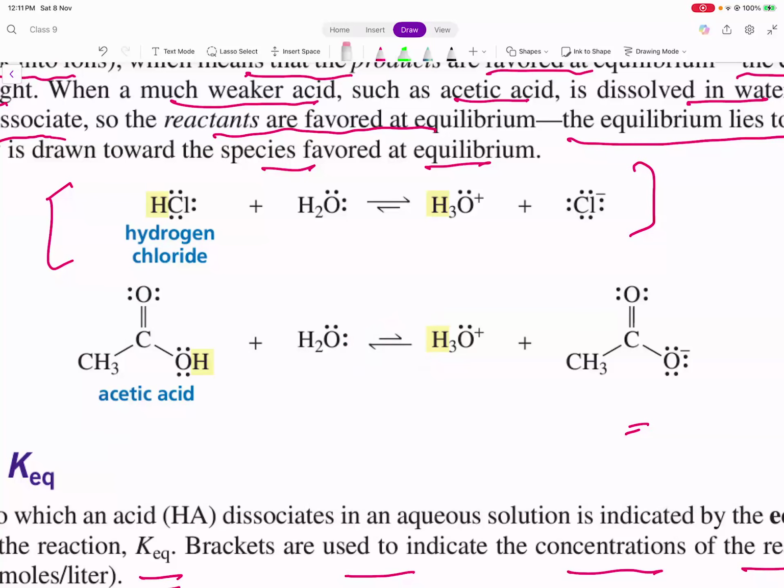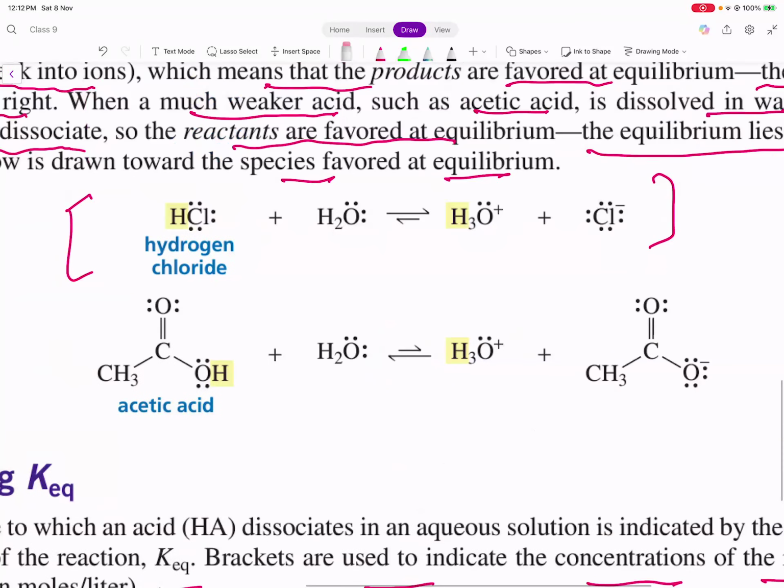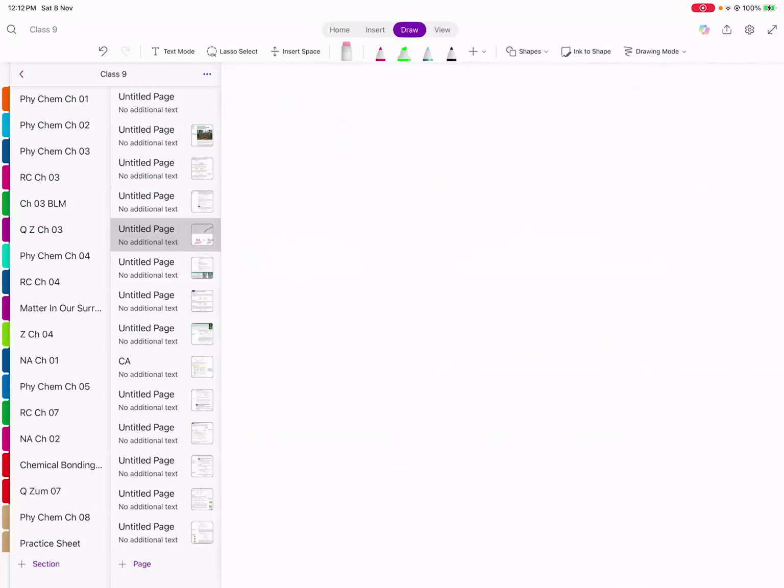It means that the forward reaction will not take place to a considerable extent, and the backward reaction will dominate here. Okay. So HCl is a strong acid because it is giving us more products, and CH3COOH, acetic acid, is a weak acid.